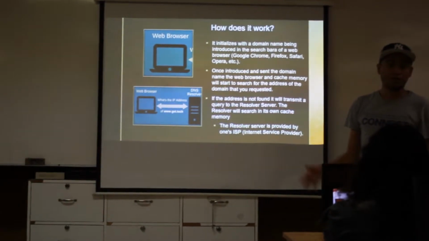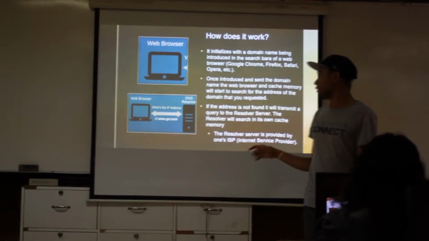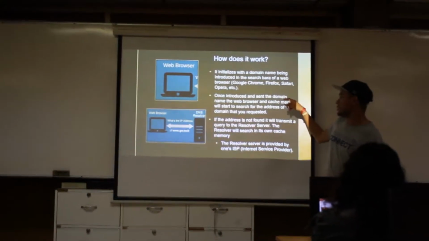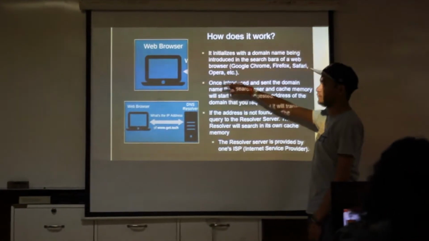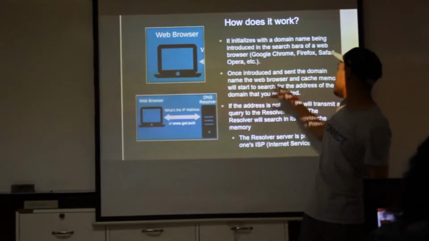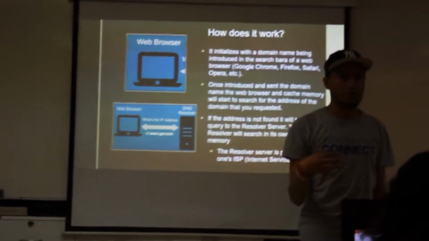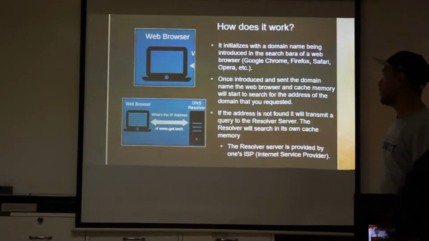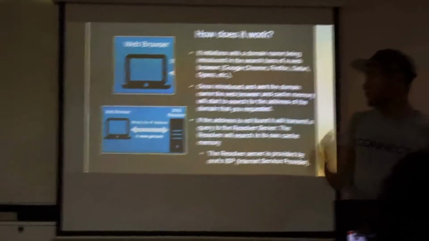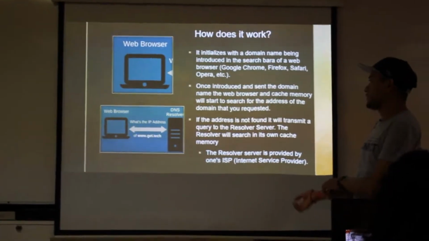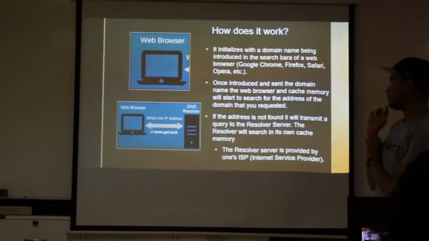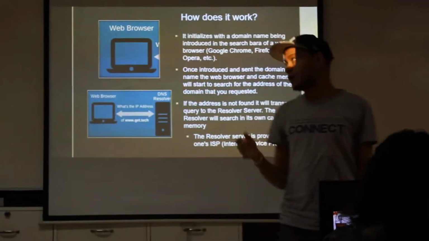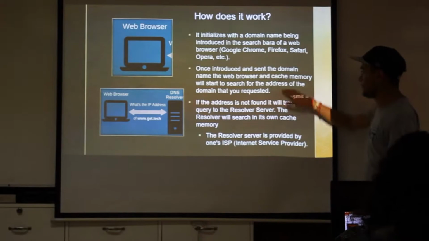When you enter, for example, google.com, the DNS first goes to the cache memory in your computer and searches for that address. And if that address is not in your cache memory, then comes step 2.